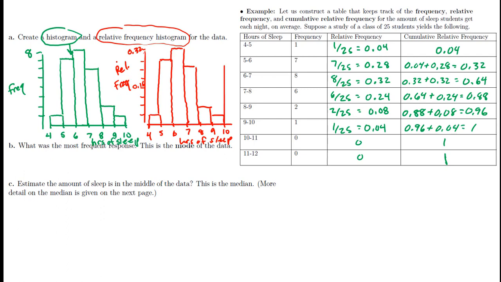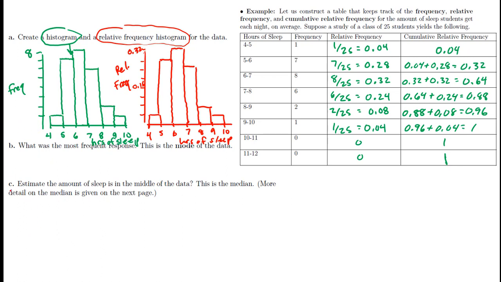Now, sometimes you're going to look at a histogram, maybe in the textbook or really anywhere, and it won't necessarily be labeled as a relative frequency histogram, but how do you know what you're looking at? Well, it's definitely a relative frequency histogram if you're looking at decimal values here, or percentages, right? If you're looking at just whole numbers, then it's a regular histogram.